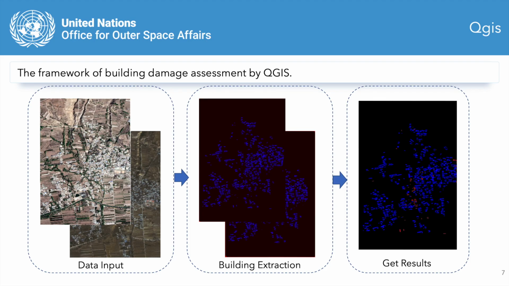Second, through spatial overlay analysis in QGIS, the two building footprint maps are compared to automatically identify newly added, disappeared, or significantly altered building outlines. Finally, these change structures are marked as potentially damaged targets and validated through visual interpretation of the imagery. This process enables rapid identification of priority impact zones, providing a reliable basis for further detailed assessment and field verification.